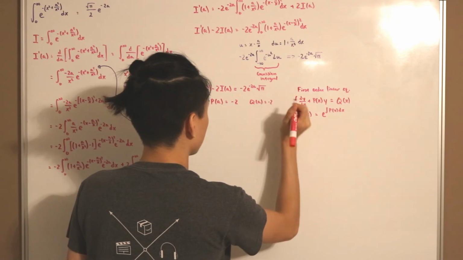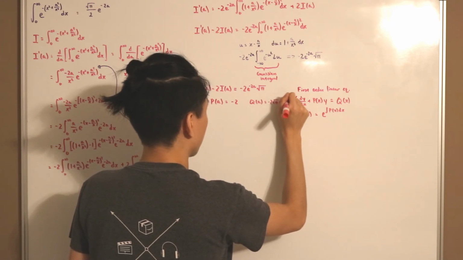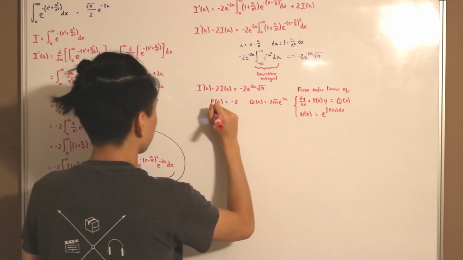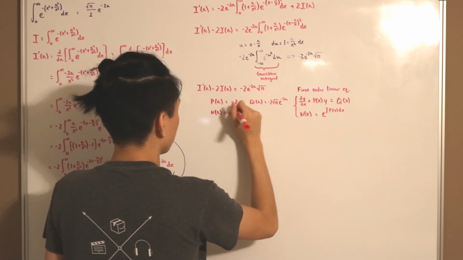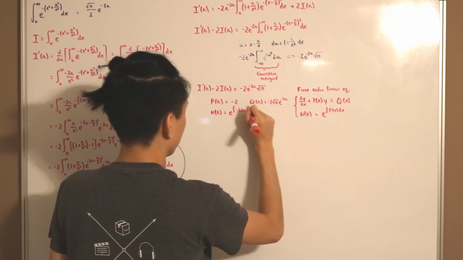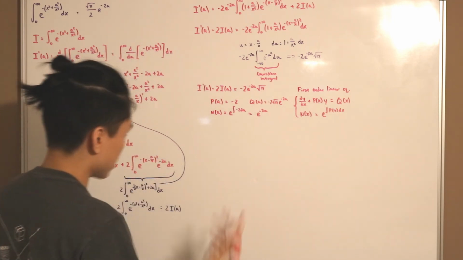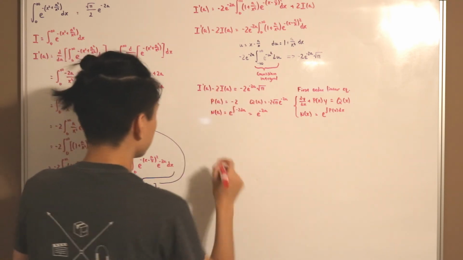So -2 square root of pi e to the -2a. Okay, and now we need to calculate our integrating factor. So mu of a is equal to e raised to the integral of -2 da, and that's simply equal to e to the -2a. So now we have that, we have to multiply our integrating factor to both sides of the equation.